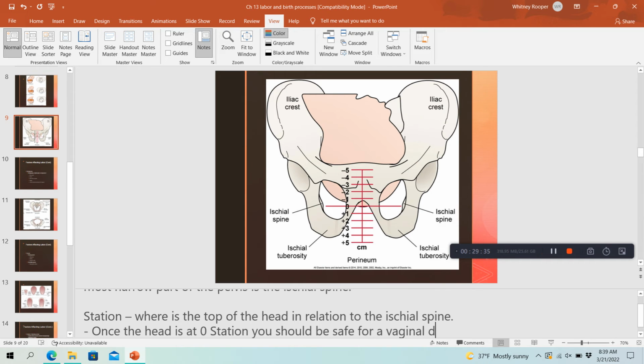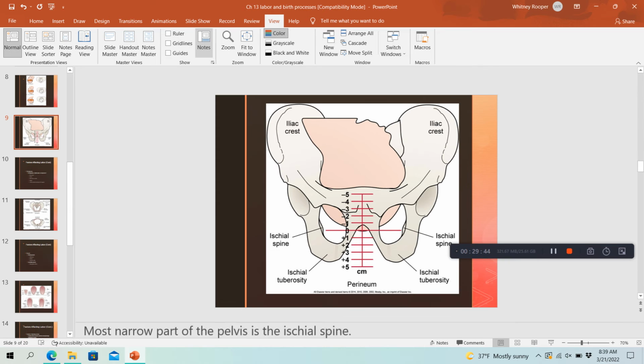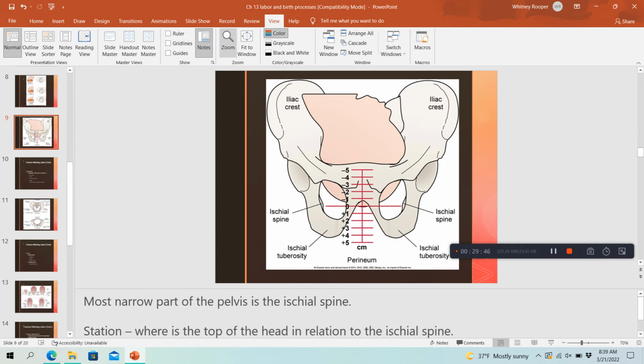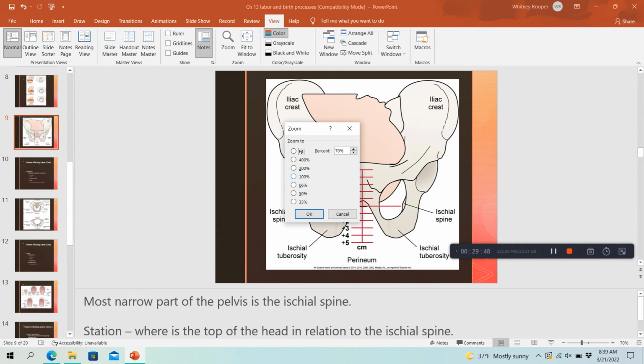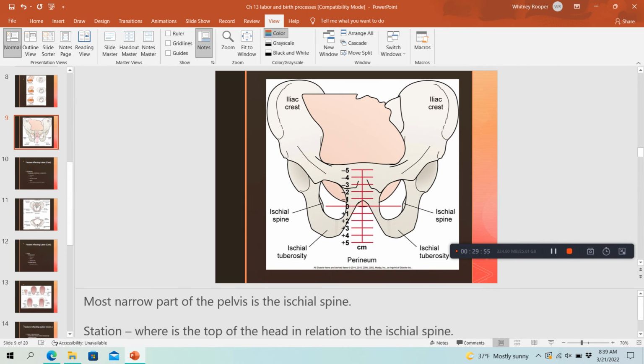Plus meaning it's closer to getting out. So up here, minus, down here's plus. +1, +2, +3, +4 babies on the floor. That's sort of an expression to help you remember. Because somebody's not there to catch the baby on the floor, let's put it that way. So, baby is being delivered at +4, coming out of the body.